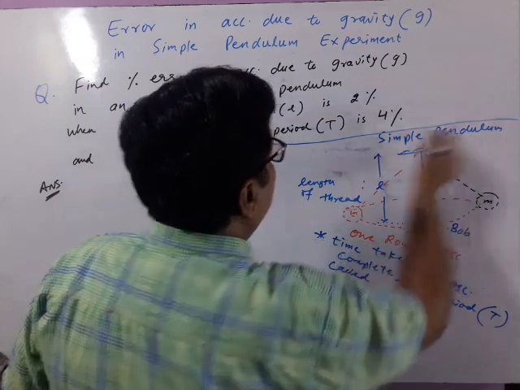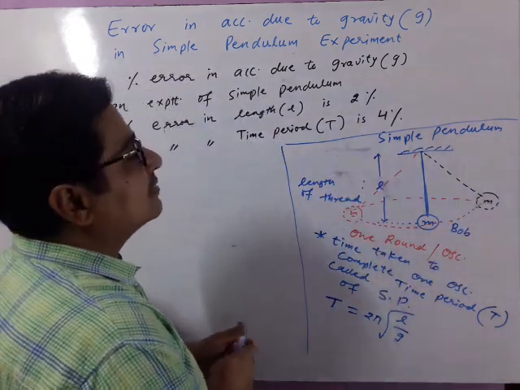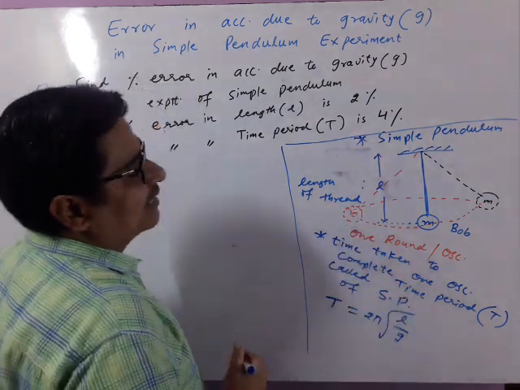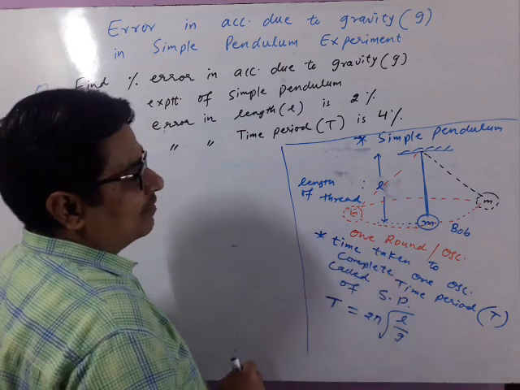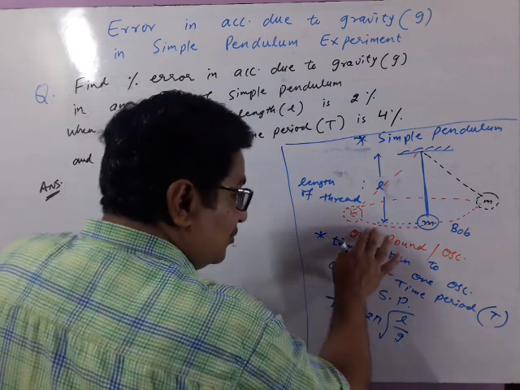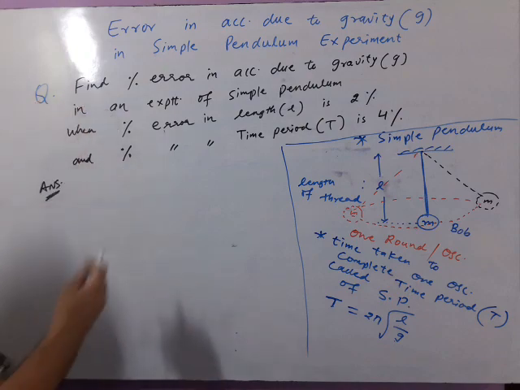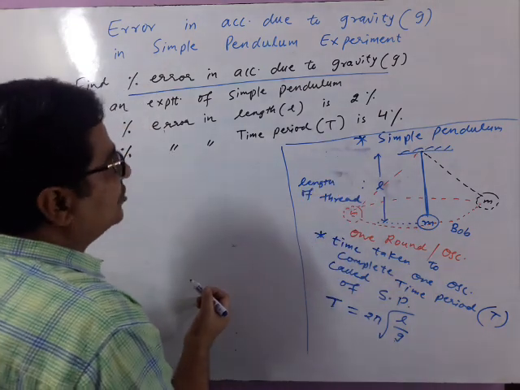You should remember this concept separately. What is simple pendulum? Now this is the experiment. Now with respect to this experiment, question is find percentage error in acceleration due to gravity, small g.